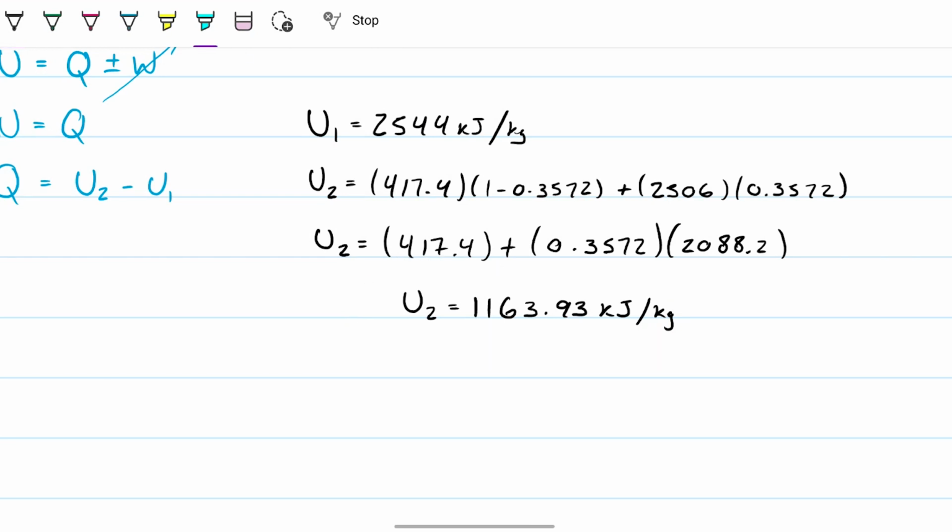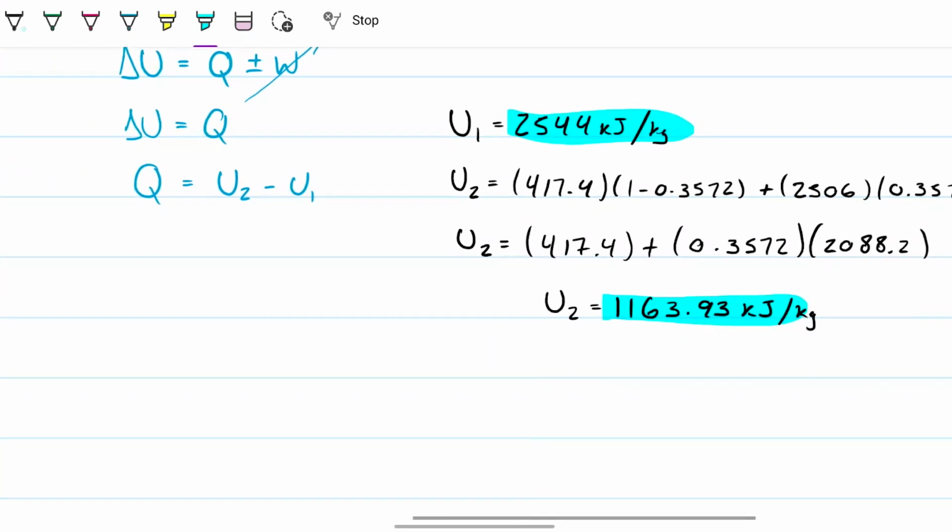Now we have these two values. We just need the difference. What you note is that U2 is actually smaller. That confirms what we suspected from the beginning: heat is not entering the system, rather it is leaving the system.